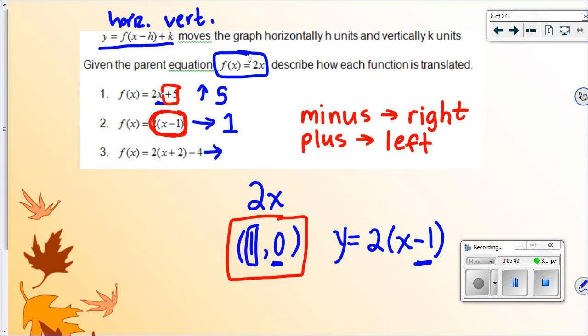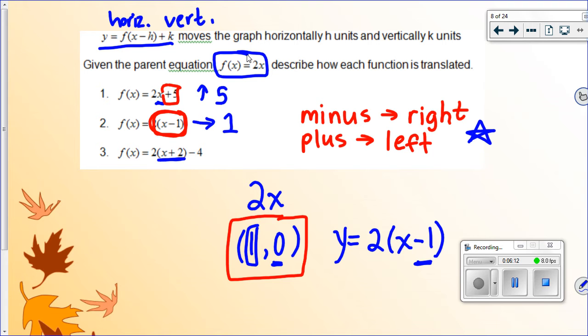All right, so now keeping that in mind, if we look here, looks like we have a translation both horizontally and vertically, because I have an h value, and I also have a k value. So I want to look at my horizontal translation first, which is right here, right? This is my horizontal translation along the x-axis.